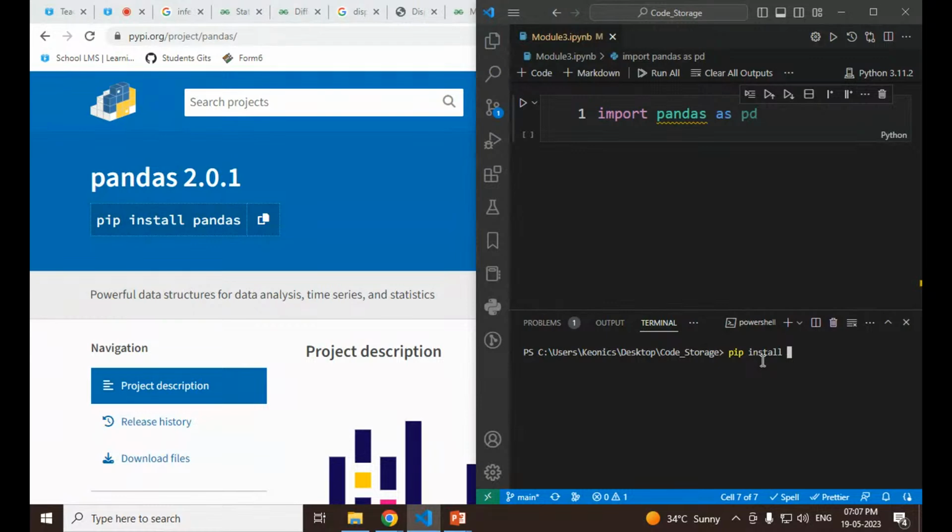Pip install pandas, and if it starts installing, well and good. If it says pip is not installed, then let me know.